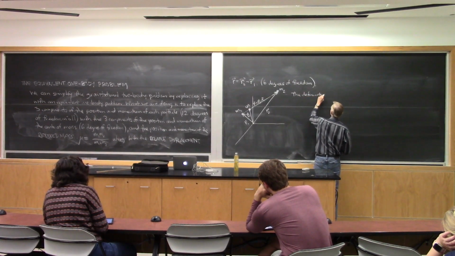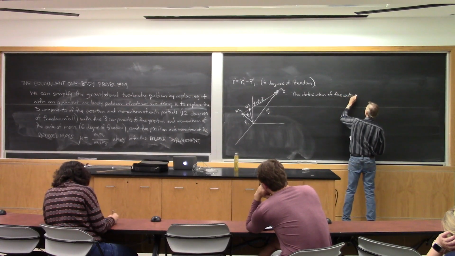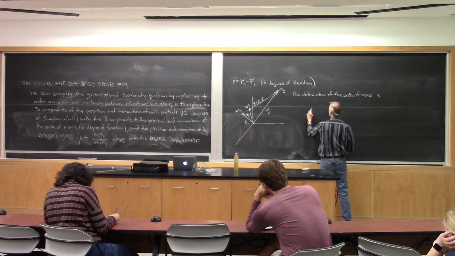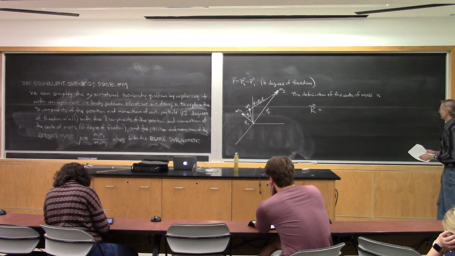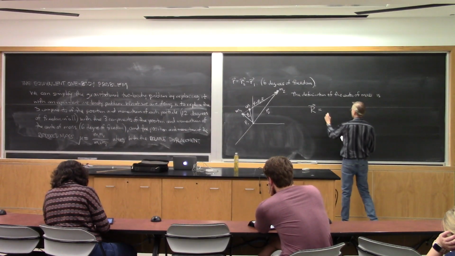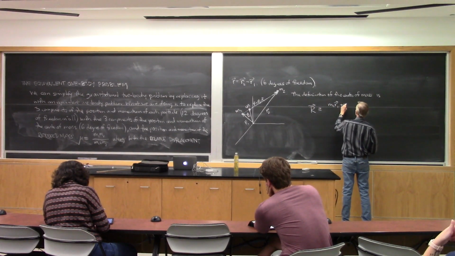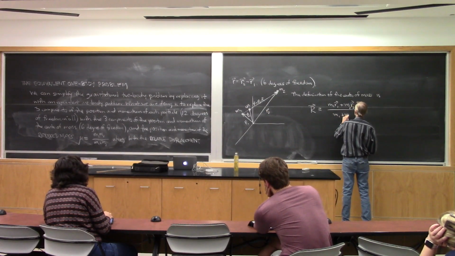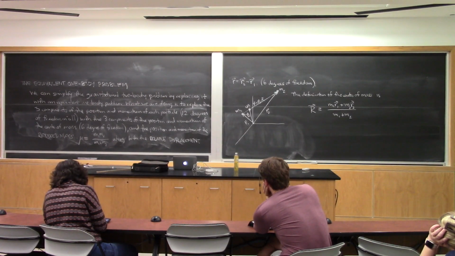So remember the definition of the center of mass: its position vector relative to our origin is capital R, equal by definition to M1R1 plus M2R2 divided by M1 plus M2. In other words, it's a weighted average of the position vectors of the two masses, weighted by the masses.